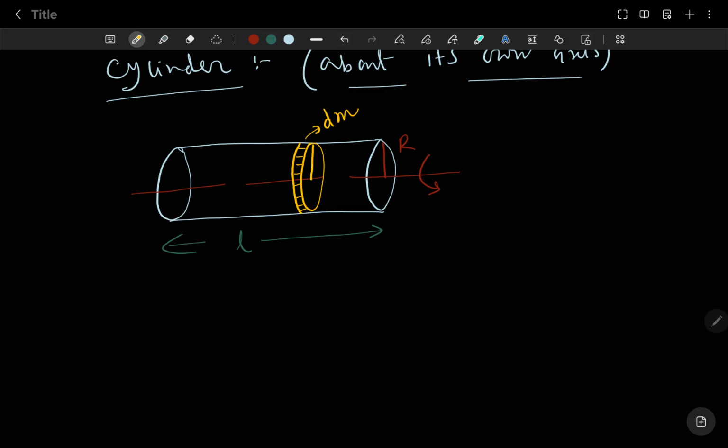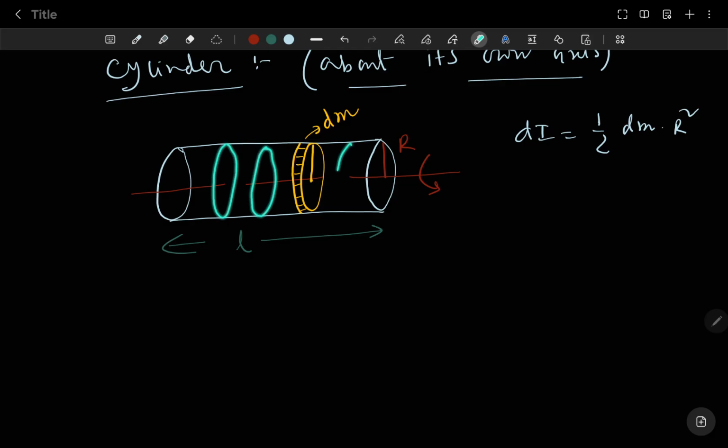So the moment of inertia of this disc about this axis will be certain. You have already been taught the moment of inertia of a disc, so dI will be half dm R square. So the entire cylinder can be thought of as a collection of such discs.